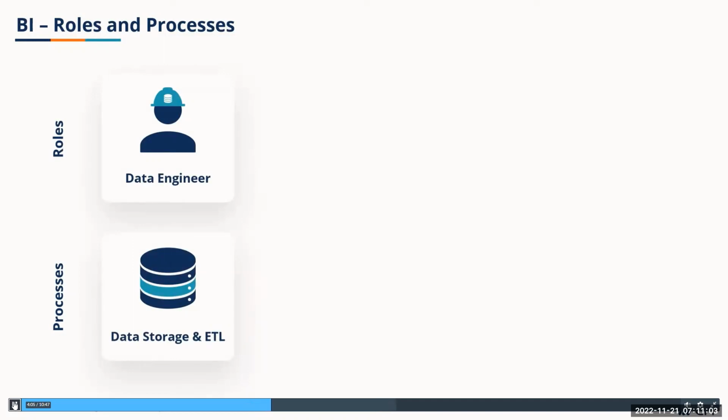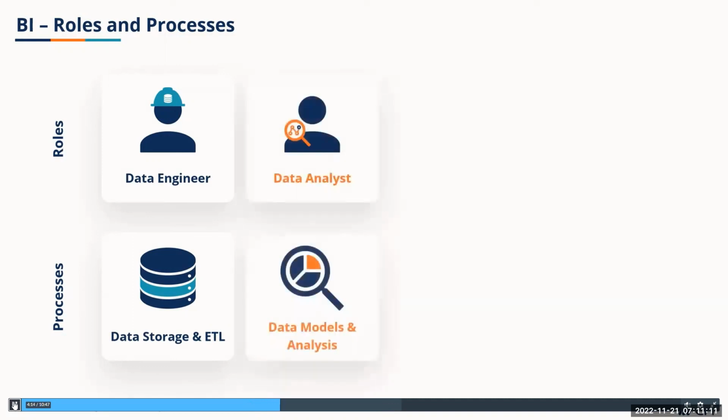This process ensures that the data is ready and optimized for the rest of us to consume. Data analysts are typically responsible for extracting that data for a specific report or project. They use it to create metrics and models that will eventually help stakeholders answer important questions.